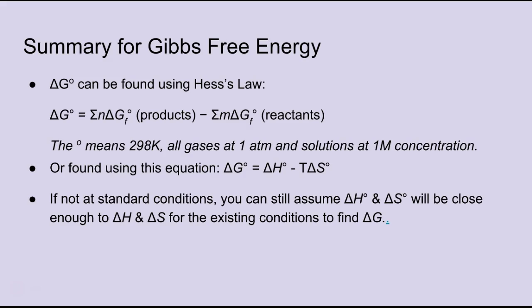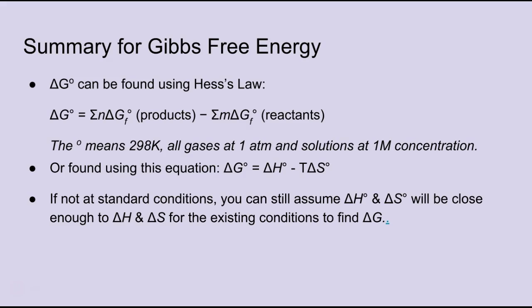but then we're asked about the reaction happening at some other temperature, although delta H and delta S are not exactly what they would be at the standard conditions, they wouldn't be exactly the same as they would be at the new conditions that the problem is referring to, but we can still at least use them for a pretty close approximation.